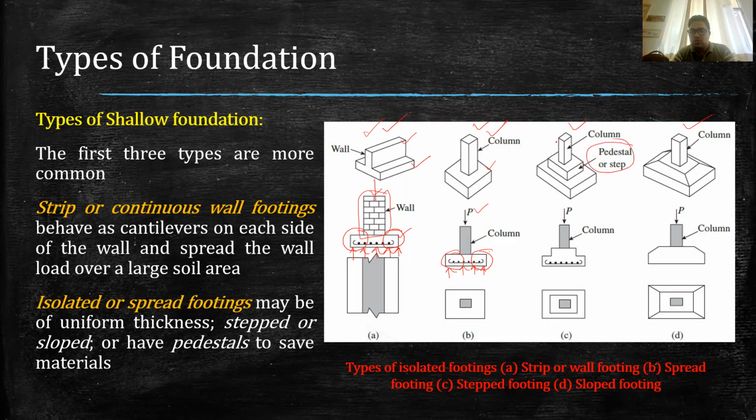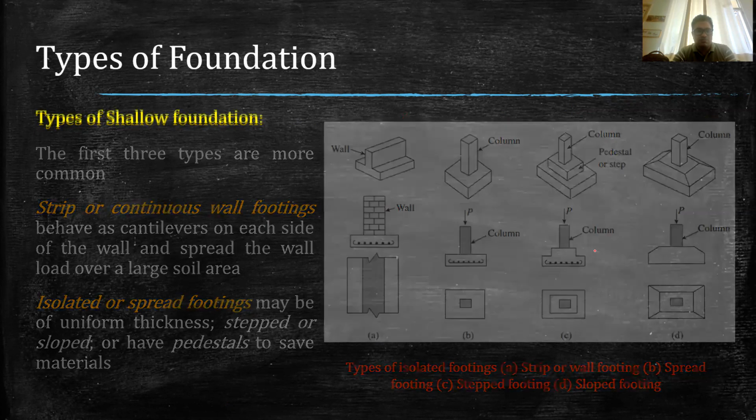This kind of foundation we generally use when there is a heavy load and we want to transfer this load in steps. That is also a kind of foundation that we use in construction. Similarly, to save material, sometimes we design the sloped footing also. So these three are the categories of isolated foundation.